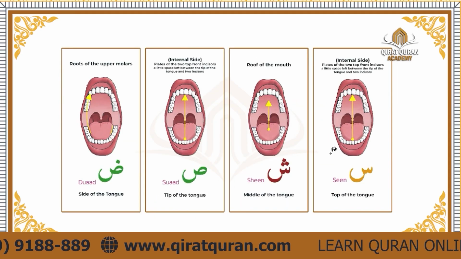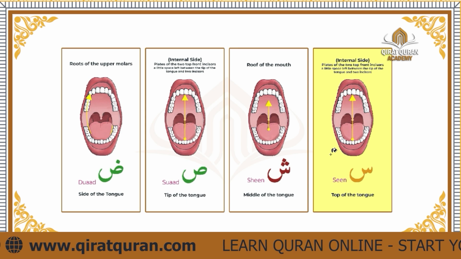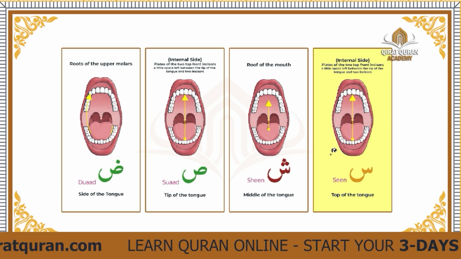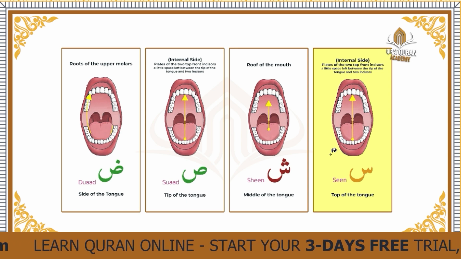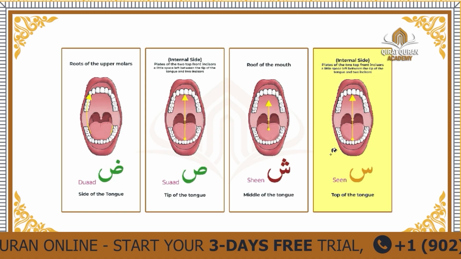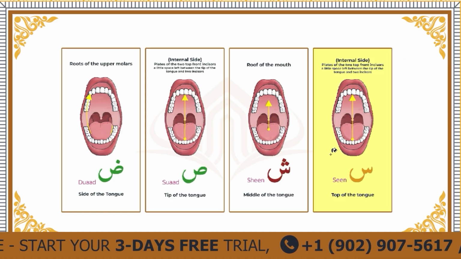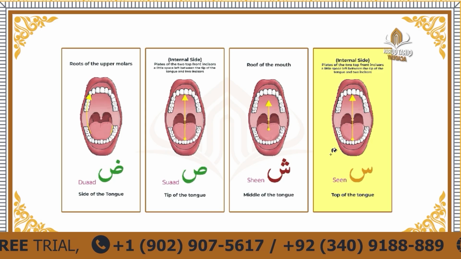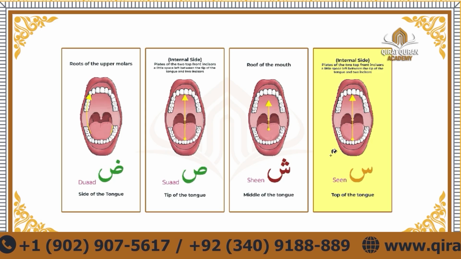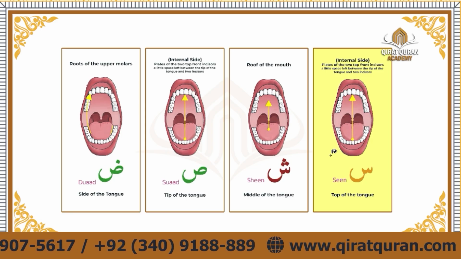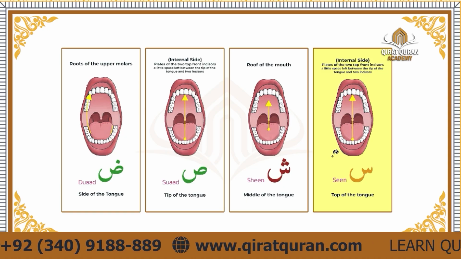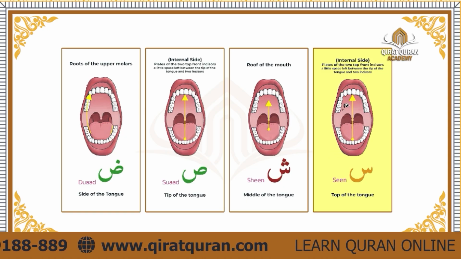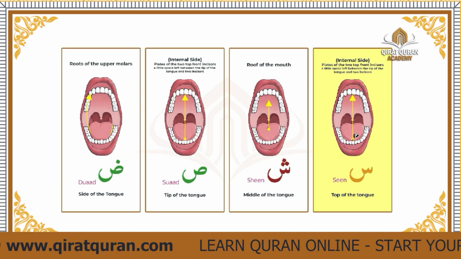Now, how to pronounce sin? For pronouncing sin, you have to use the tip of the tongue near the inner plates of the upper central incisors. This is the tip of the tongue.